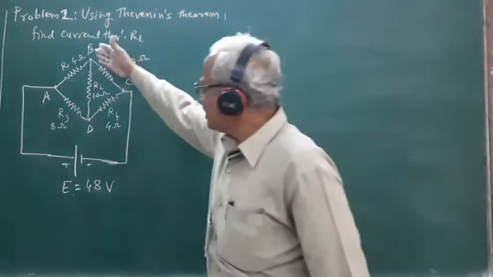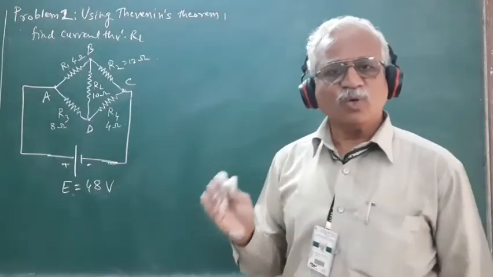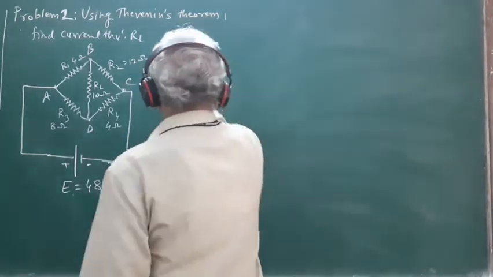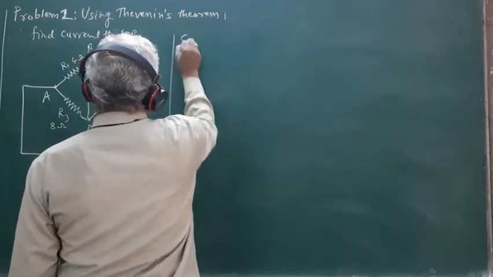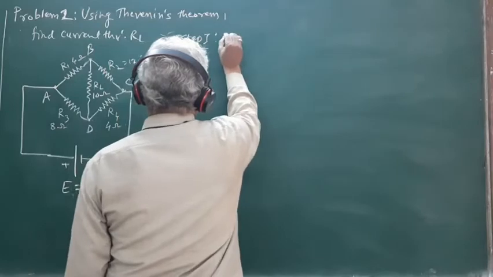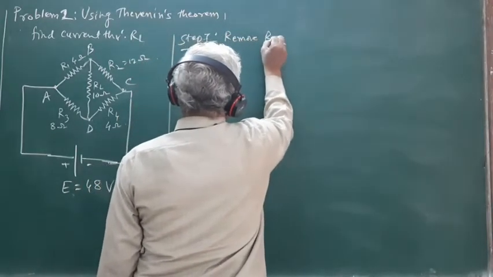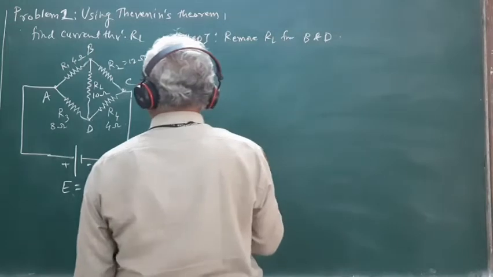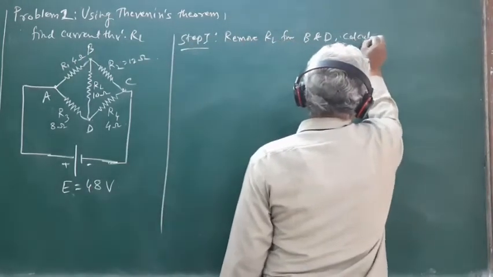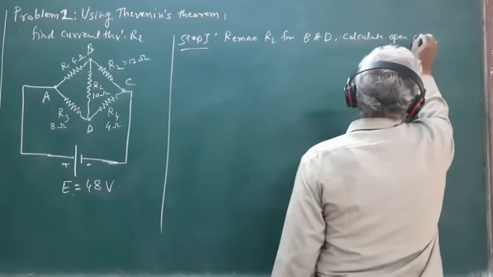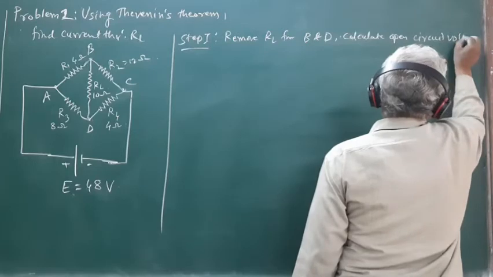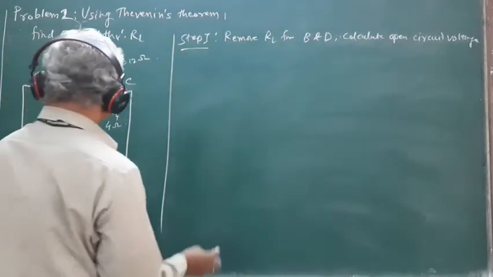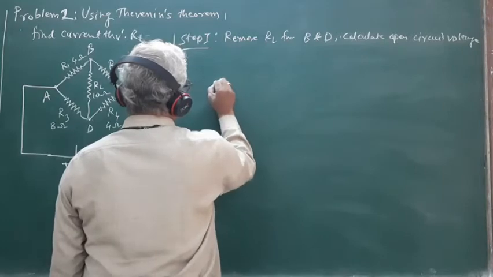In this case, it is B and D, and find out the open circuit voltage across the terminals B and D. So, in step 1, what we will do is remove RL from B and D and calculate the open circuit voltage across the terminals B and D. So, if we remove the load resistance RL from the terminals B and D, the network we get is of this type.